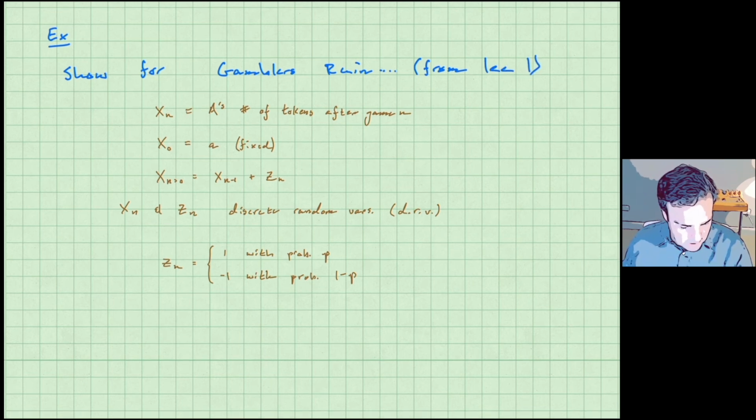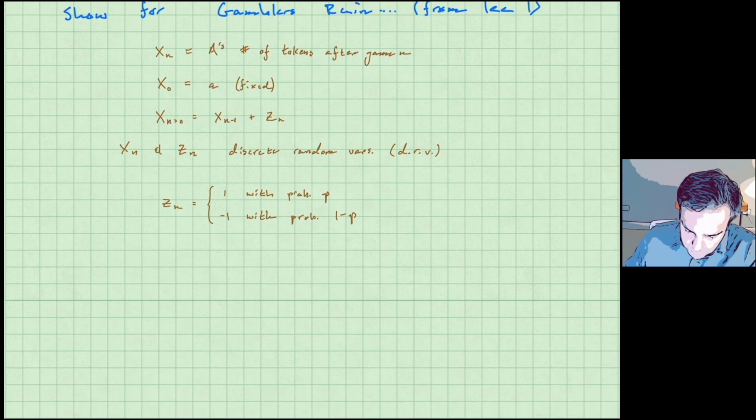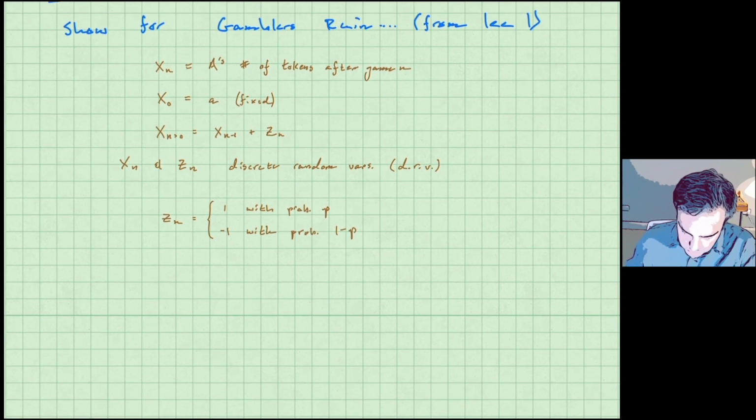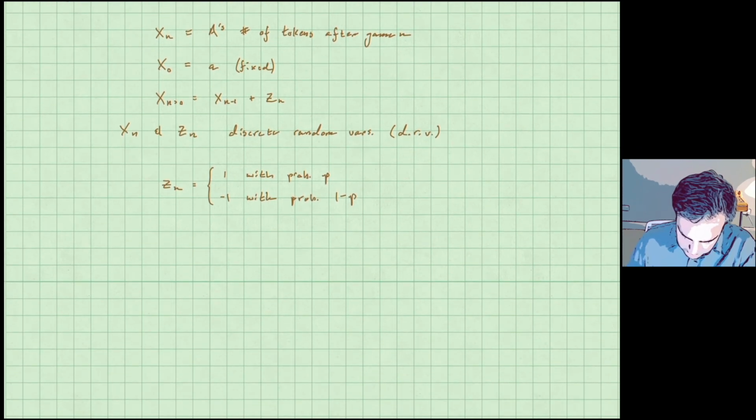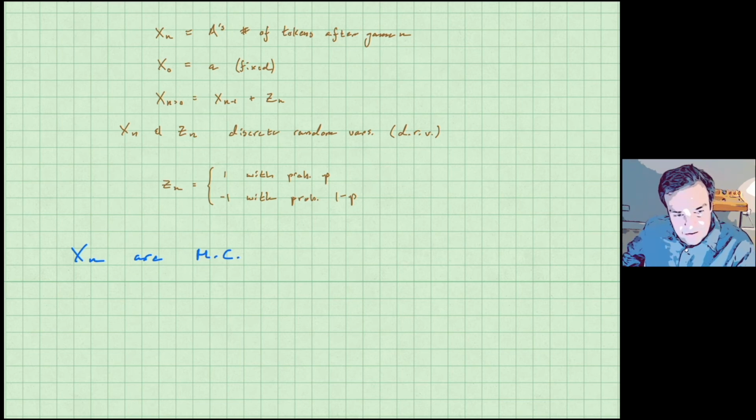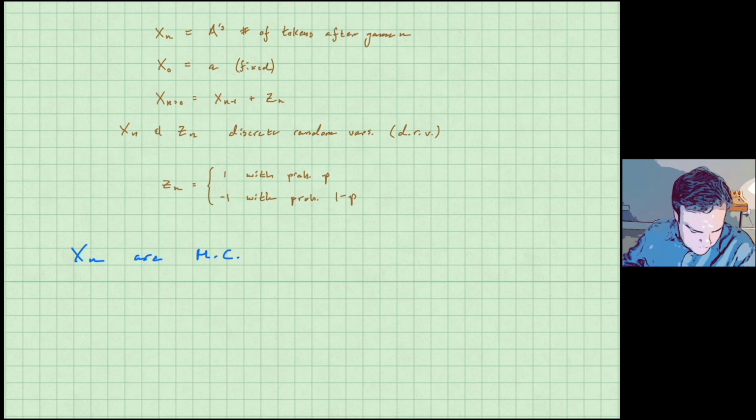All right. So what I want to do for lecture 1 is show that for this, the x sub n's are a Markov chain, or is, however you want to say it. The x sub n's are, or x sub n is, up to you.